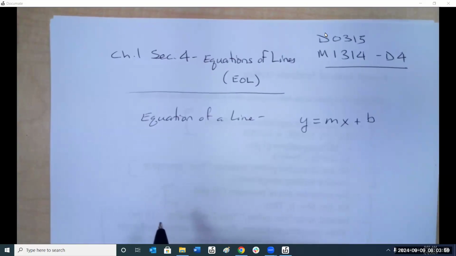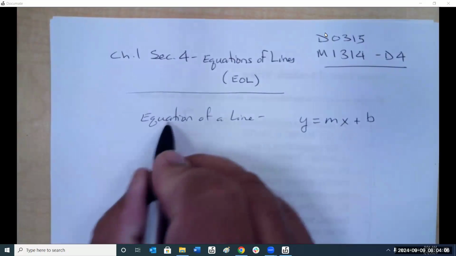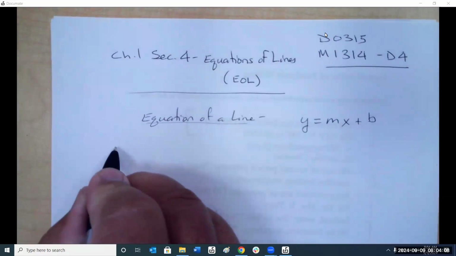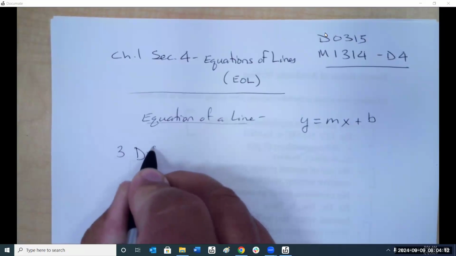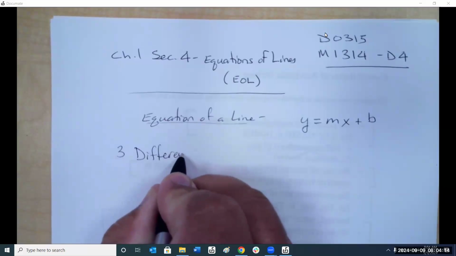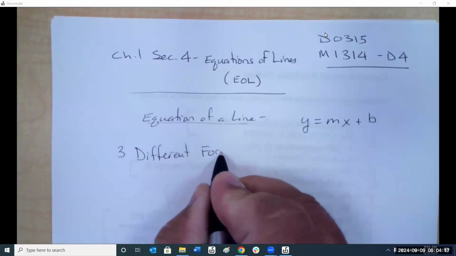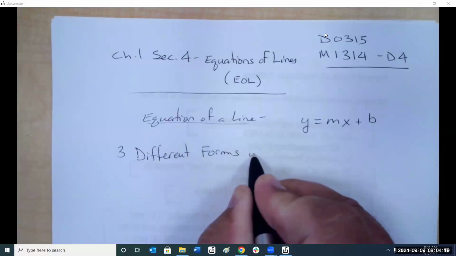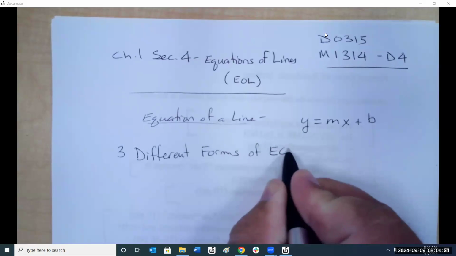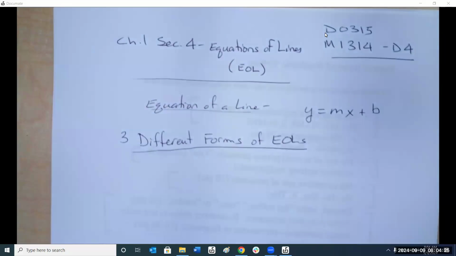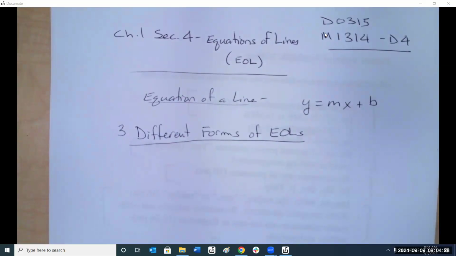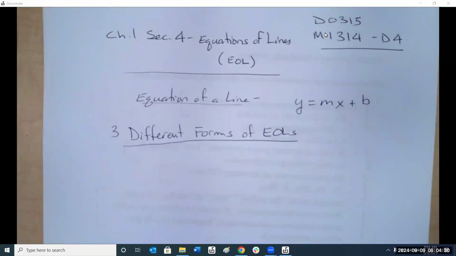There are actually 3 formulas, and we'll talk about each one of those as we go along. Well, let's go ahead and start by discussing the equations of lines. There are 3 different forms of EOLs. They all begin from the same equation.